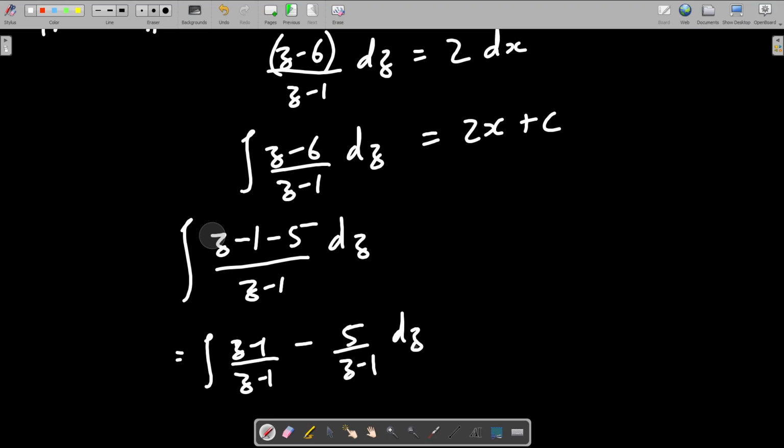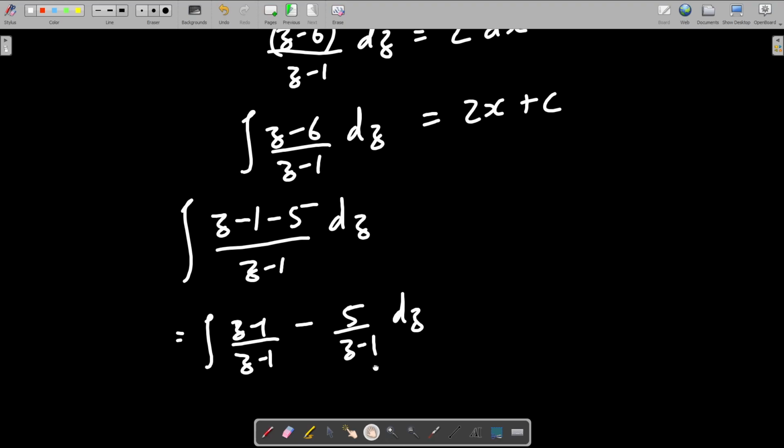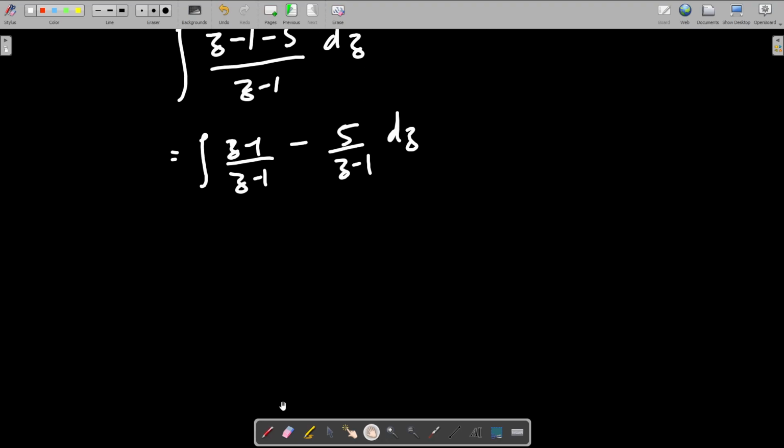Okay. So now what? This cancels and becomes 1, and the other integral is nothing but the integral of log over there, right? So this is nothing but the integral of 1 minus 5 times 1 upon z minus 1 dz.